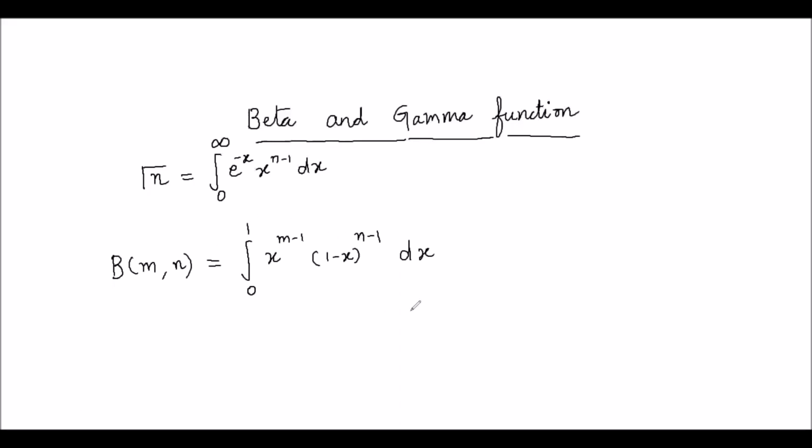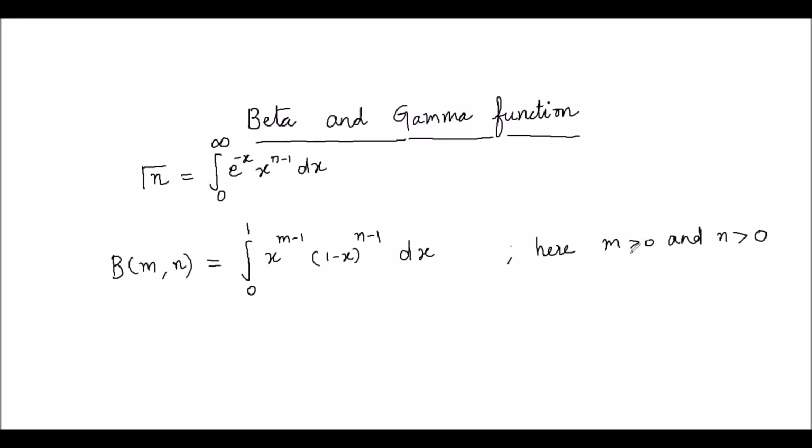So this is the definition of beta function. Here, m is greater than 0 and n is also greater than 0. So these are two special functions which we will be discussing in this video.